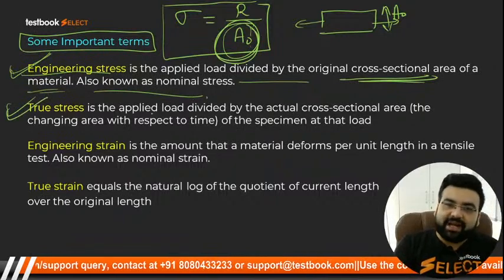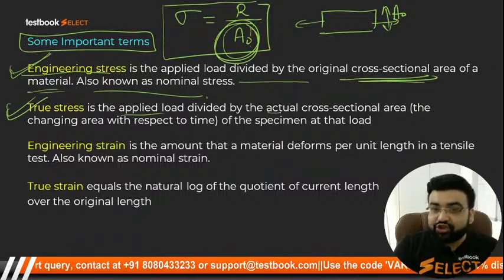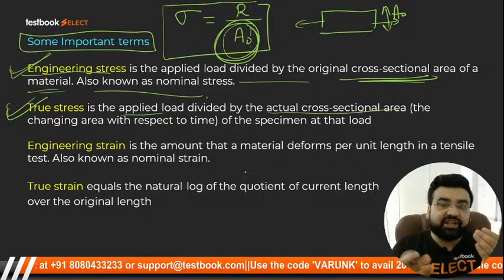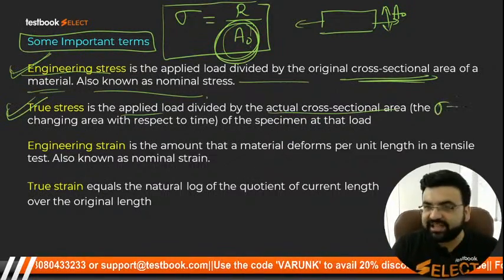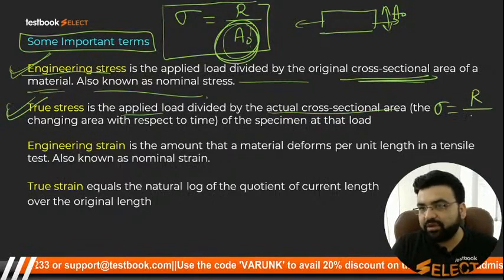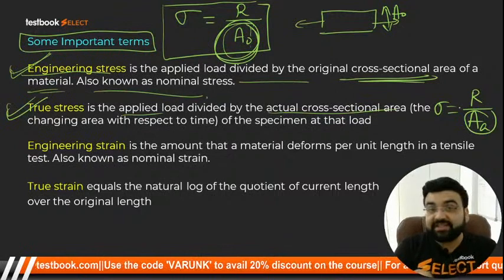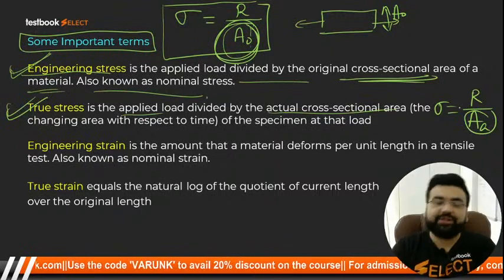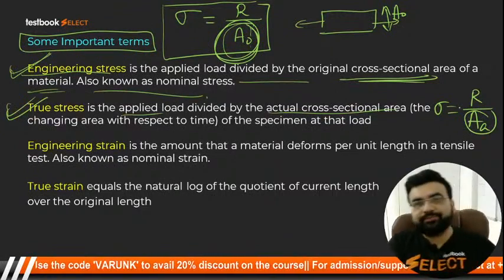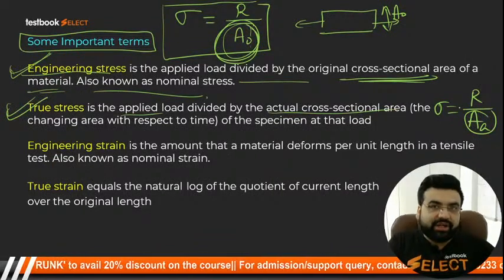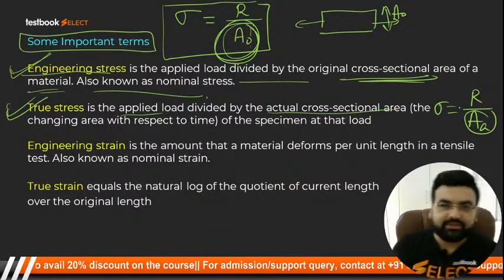It is the load applied divided by the actual cross section area, because the cross section area keeps on changing. Okay, so I can say that sigma is equal to resisting force upon the actual cross section area, and this A keeps on changing as the strain is changing. So it keeps on changing. Clear? I hope that you have got it. So students, that is what it is.